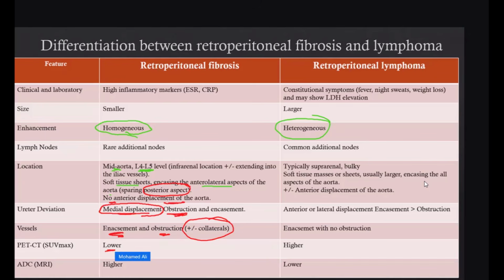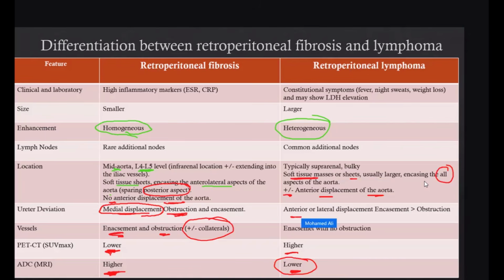Lower PET uptake than lymphoma and higher ADC values than lymphoma. So lymphoma is more restricted than retroperitoneal fibrosis. On the other hand, lymphoma manifests as soft tissue masses or sheets encasing all aspects of the aorta, plus or minus anterior displacement of the aorta.